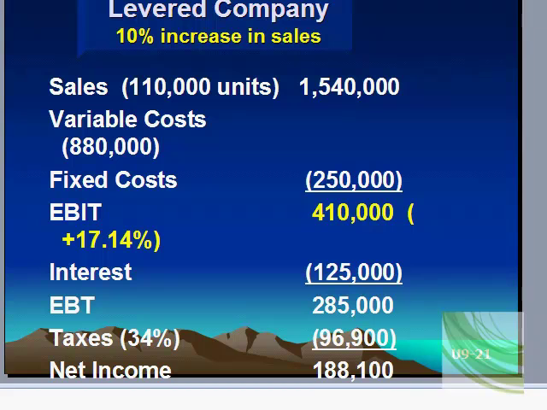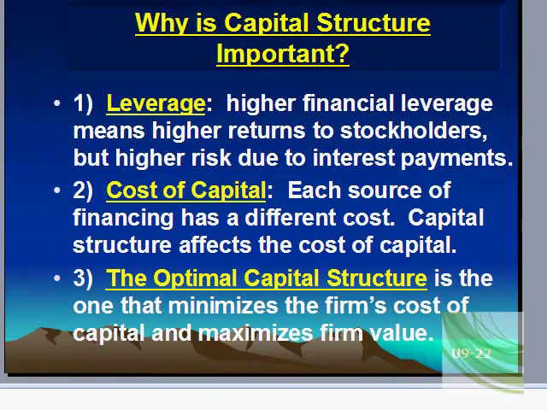If you have sales of 1.5 million, fixed costs of 250, variable costs of 880, they make about 410, out of which they pay interest of 125,000. So the net income is 188,100. If they did not have this 125,000, that would be added to the income, and they'd pay more in taxes. So they use leverage effectively.